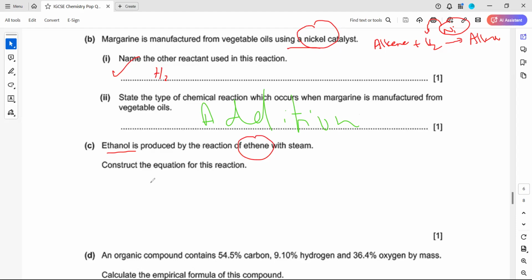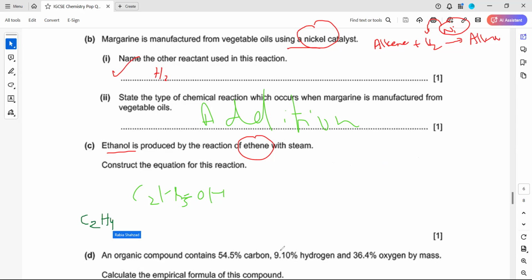Ethanol is produced from a reaction of ethene with steam. Construct the equation for this reaction. What's the formula for ethanol? So C2H5OH, that's ethanol. We want the equation for the production, so the product should be ethanol, C2H5OH.